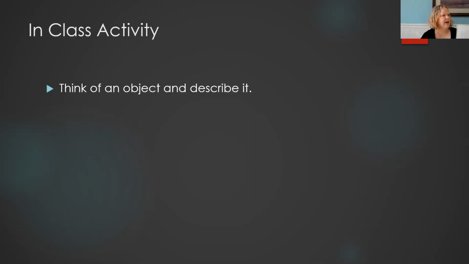Okay, so this is one I'm going to describe. This is one where I would have you break into partners. Maybe if you're looking for something to do, you could do this with a sibling, a parent, or a friend.